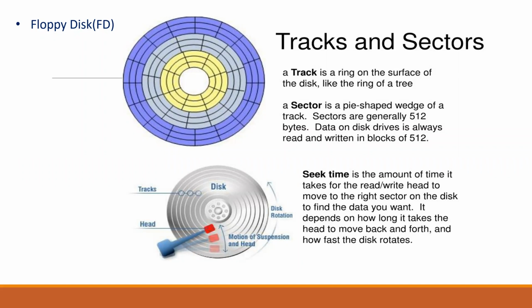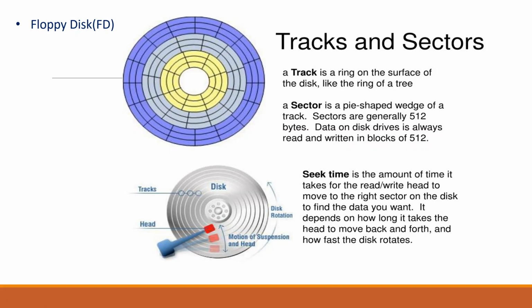A track is a ring on the surface of the disk, like the ring of a tree. So these surrounding rings are known as tracks, and a sector is a pie-shaped wedge of a track. In that track, this particular area on the surface is known as a sector.